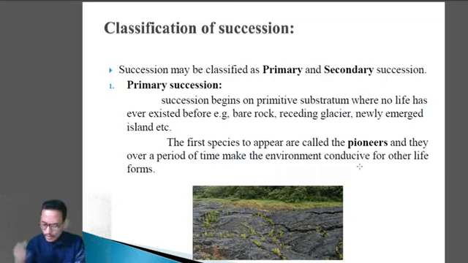Whenever the succession occurs on a bare area which has no sign of the existence of a single species or a community, then that succession is known as primary succession. For example, bare rock. Kindly note it down.